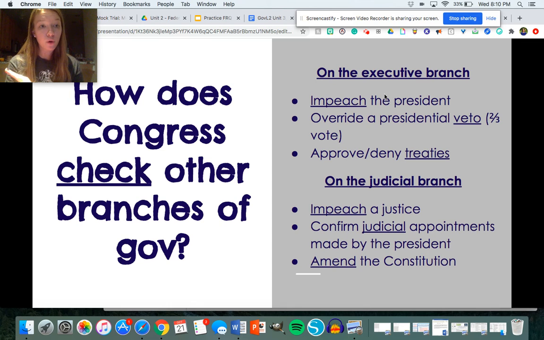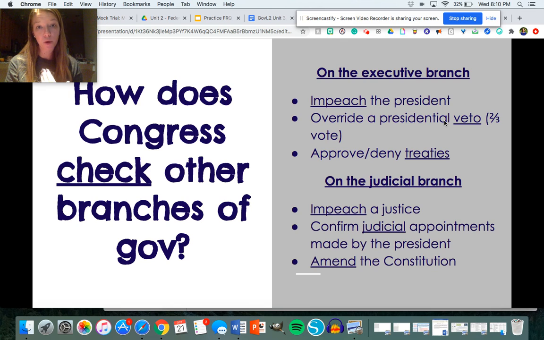They can also vote to override a veto that the president may enact on a bill. Veto means to reject. So they can override that rejection with 2/3 of a vote. And Congress also approves or denies treaties that the president may negotiate with other countries and foreign leaders.